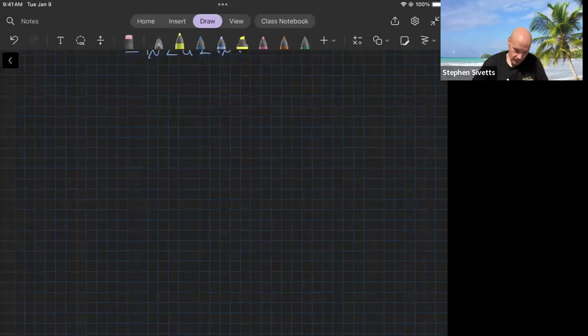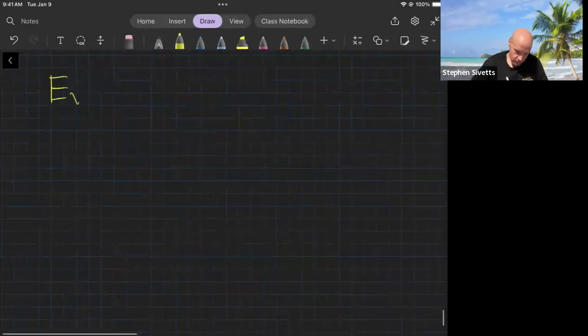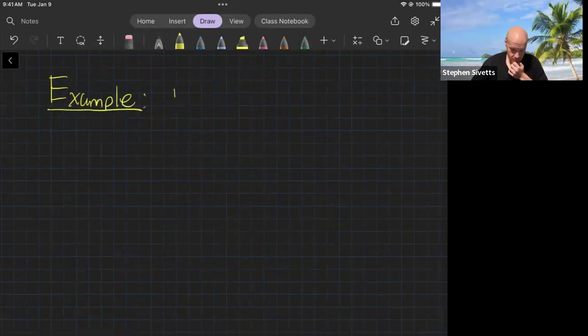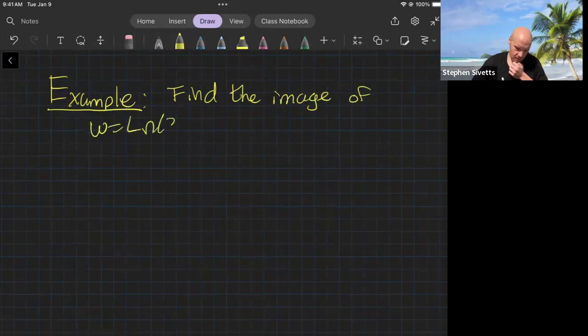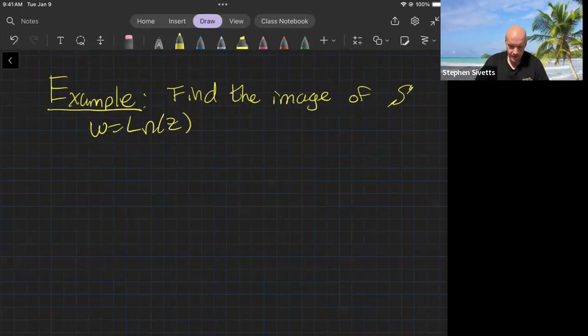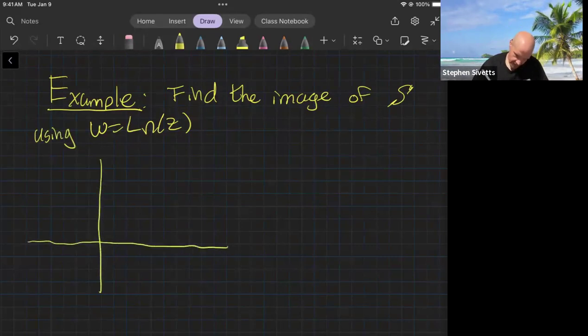So for one more example, I want you to think about this example here. Find the image of S using w equals the principal logarithm of z, where S is the following region.